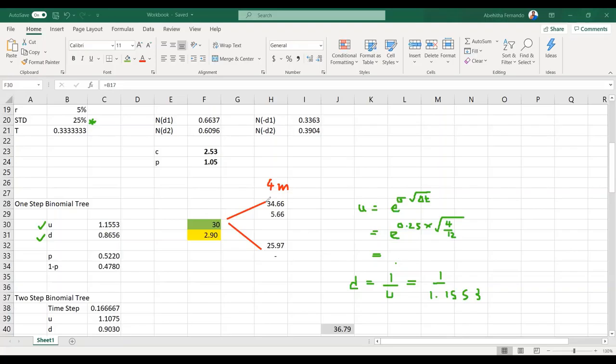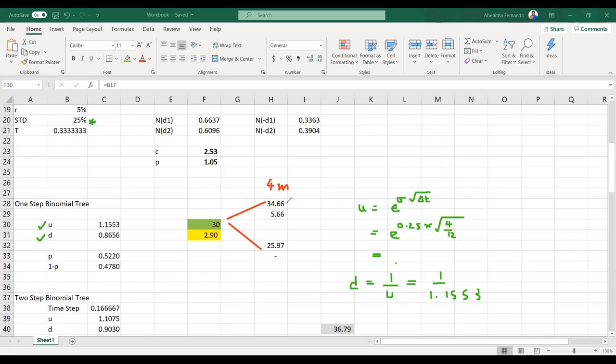Develop the binomial tree. If U is 1.1553, what would be the stock price in case of a price increase? If D is 0.8656, what would be the stock price in case of a decrease? You should get these values: if it increases, 34.66; if it decreases, 25.97.